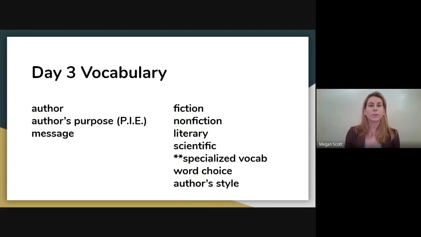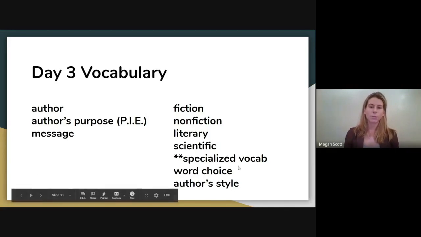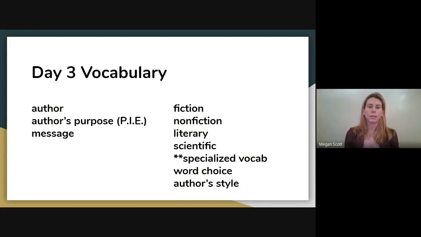If I say elderly, it's a little bit more positive in connotation or more respectful. So word choice can select words for connotation or how they sound or feel, and it can also select them for other reasons. Word choice and vocabulary, all of these kind of lend to the author's style or the way that they write, and we'll look more into that today.